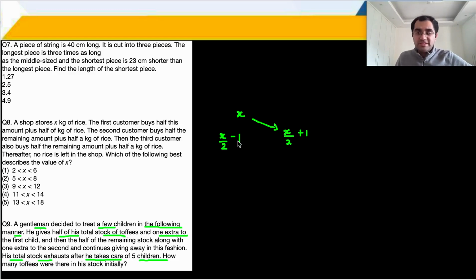So now, for example, if we say that x is the stock left after the fourth child, then this is what he gives to the fifth child, because there are 5 children. And after the fifth child, what is he left with? x by 2 minus 1.